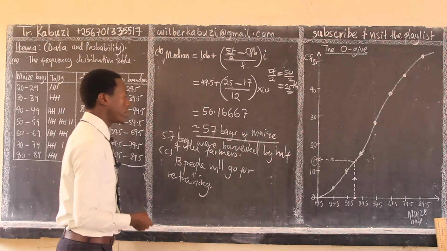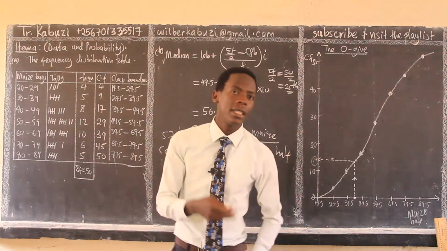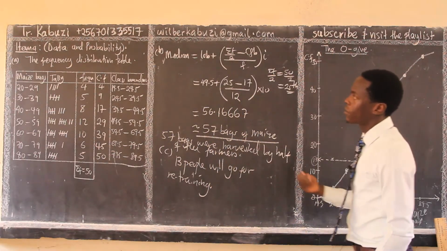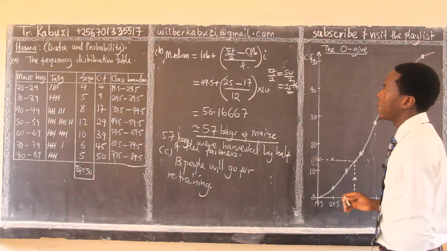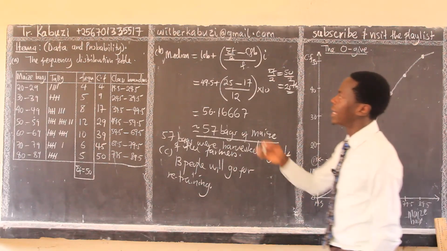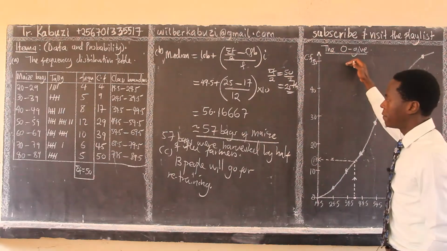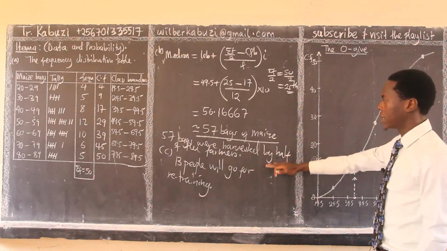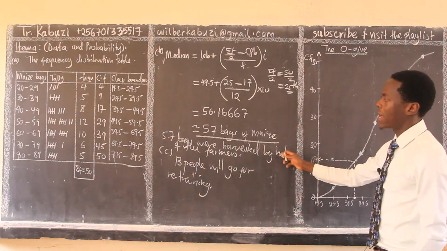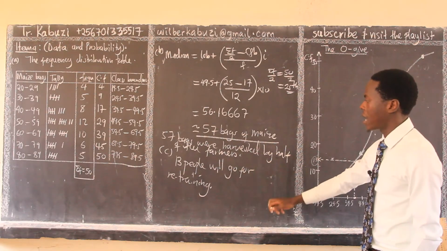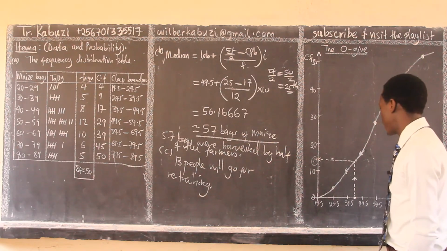Always for every question you respond to it. So that was item 4 from data and probability. What do we note here? Titles are important. The title for the frequency, the title for the ogive, then the responses are there. Because you earn a mark here, you score here, you also earn a score from there.